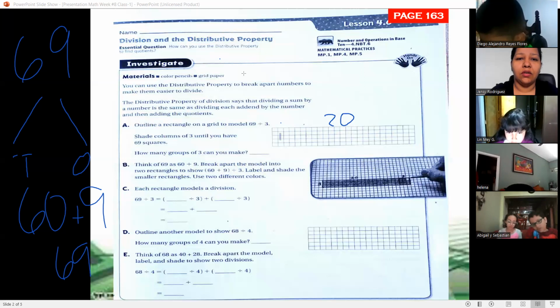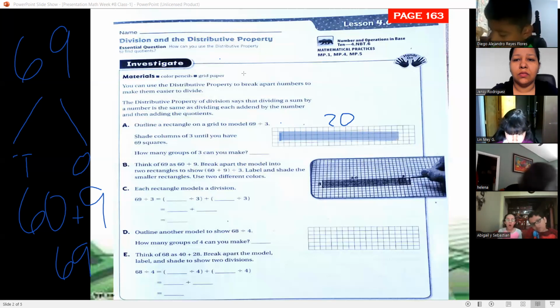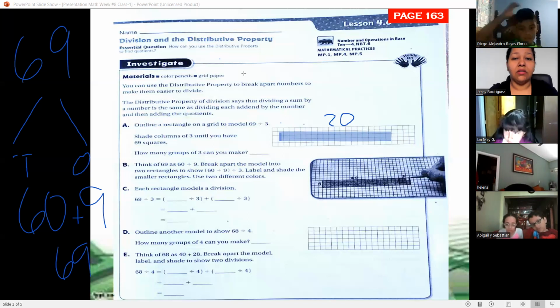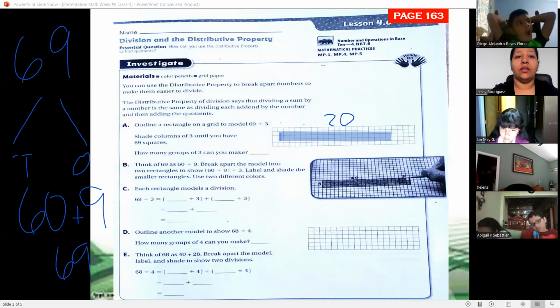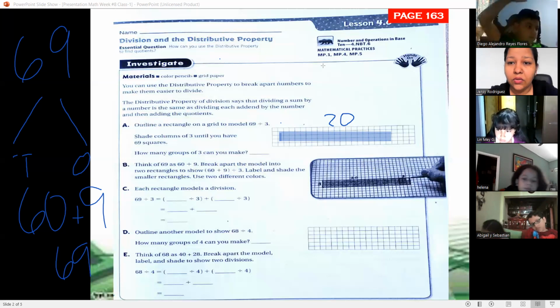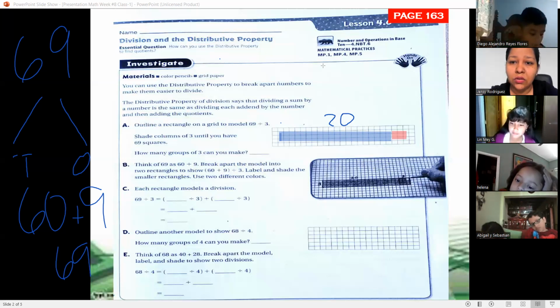So remember that you need to count 3 squares. I can do it as well as you do it, guys. So that big rectangle is giving me 20, okay? Then I need to find 3 that represent the 9. So I have 1, 2, 3. I have here the 9.